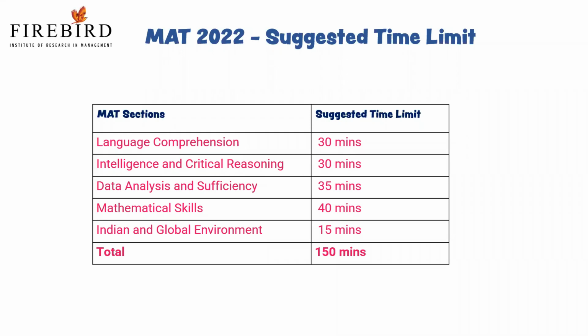Maximum you can spend 40 minutes in the mathematical skills section. Language comprehension, try to complete in 30 minutes. Intelligence and critical reasoning, give just 30 minutes, don't stay more than that. Data analysis and sufficiency, 35 minutes is enough. Indian and global environment, 10 to 15 minutes is enough. So totally, you can give equal importance to all the sections.